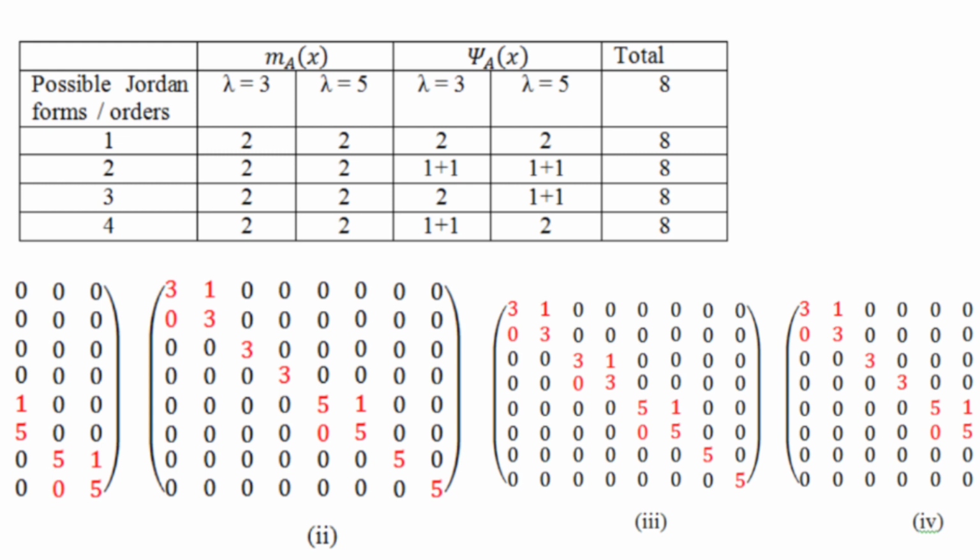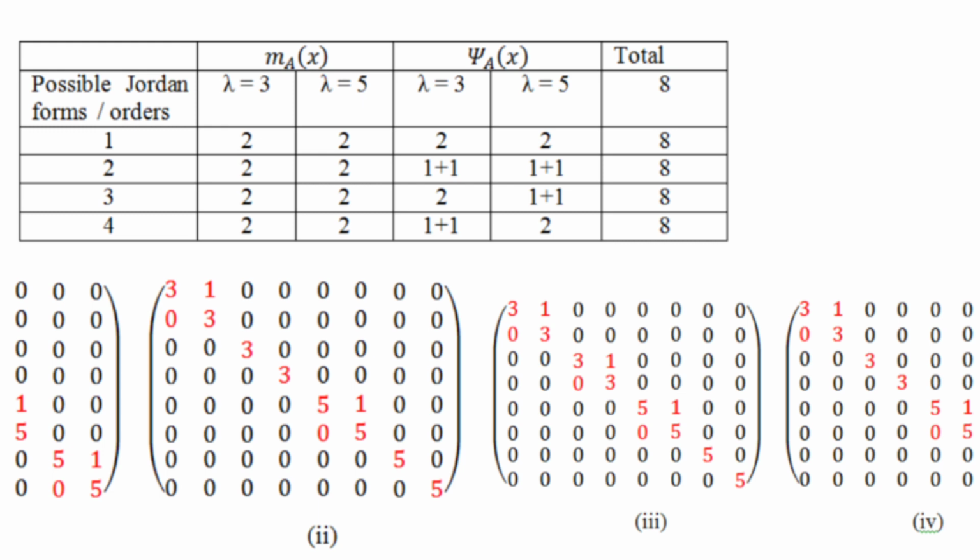So therefore 3103, and coming to chi A of x with respect to lambda equal to 3, you have to construct single blocks of order 1 1. So therefore we have constructed 3 3.